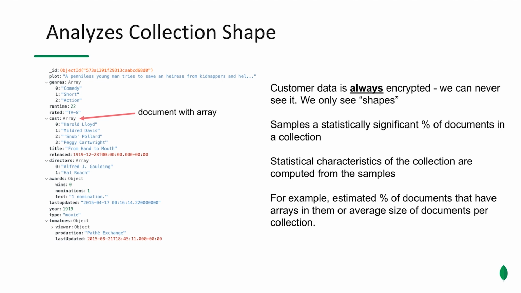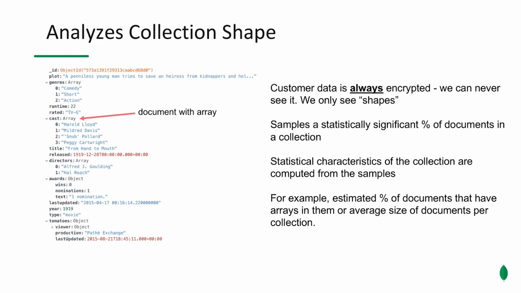And for each sample in the collection, we calculate statistics to describe the shape. There's a lot of things we calculate, and if you have questions after the presentation is done, I'm happy to answer them.